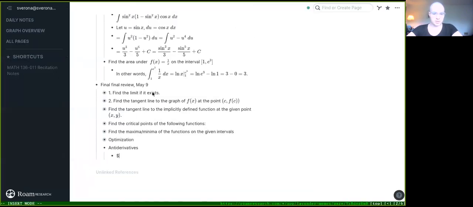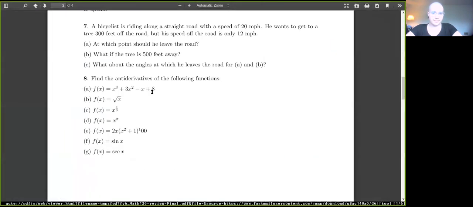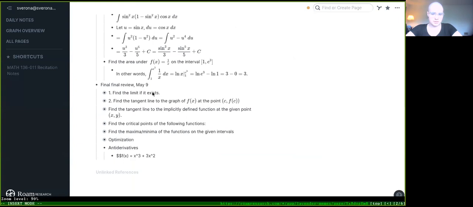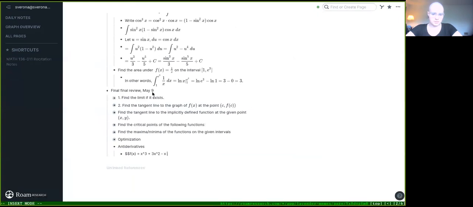So let's just start simple. This is x cubed plus 3x squared minus x plus 8.